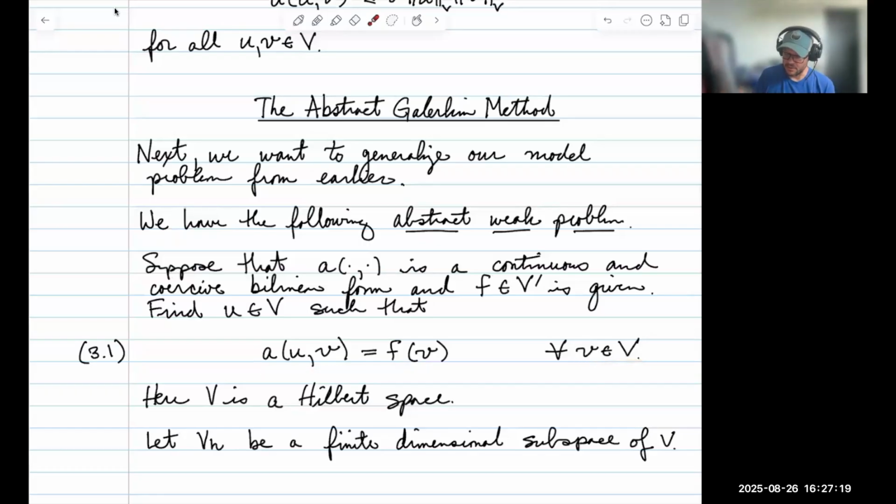These are called our test functions, every test function v in the Banach space. Or Hilbert space, but I'm still going to make this just for now a Banach space. Why am I making it a Banach space? Because Hilbert space is extra structure that I just don't need yet.